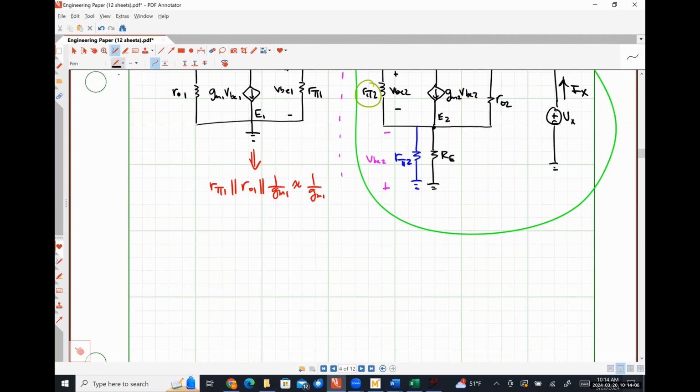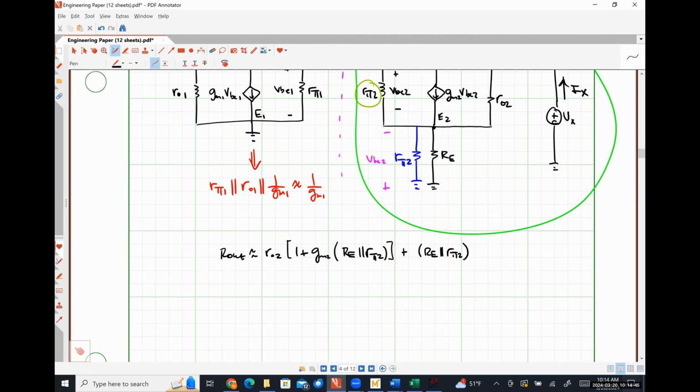So our output resistance here is going to come out to be approximately R02 times 1 plus GM2 times RE in parallel with R pi 2, plus RE in parallel with R pi 2.